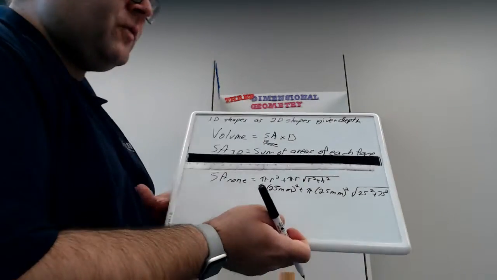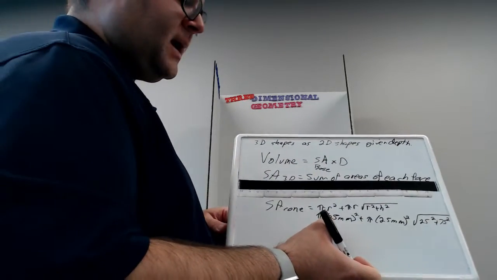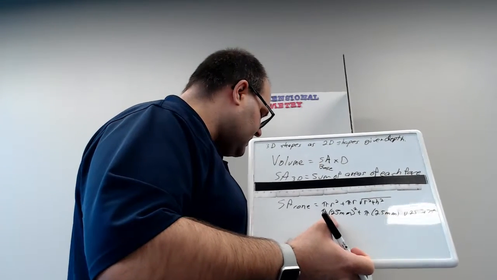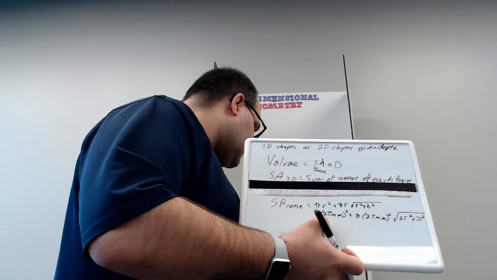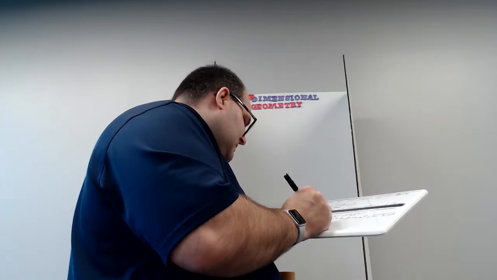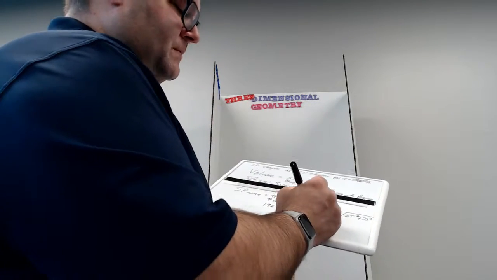Now we need to be careful with our order of operations. We need to figure out pi times r squared. 25 squared times pi gives us 1,963.495 square millimeters.